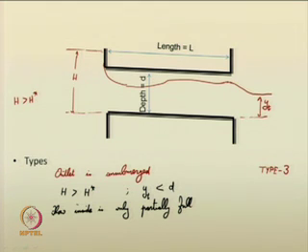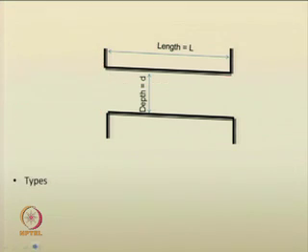You can also have another type of flow, that is type 4 flow. We can write it type 4. I will just draw. What is the type 4 flow? Say inside the culvert, let this be the critical flow depth line. Fine.